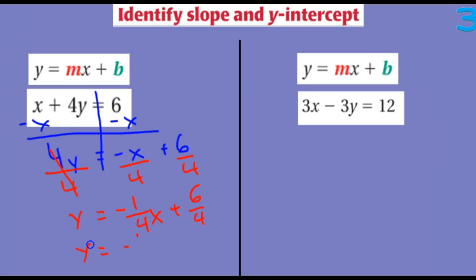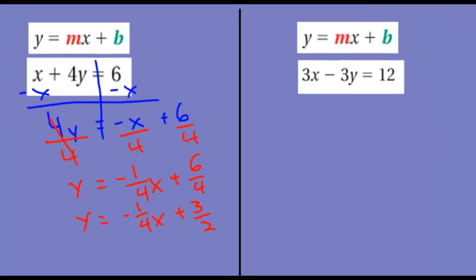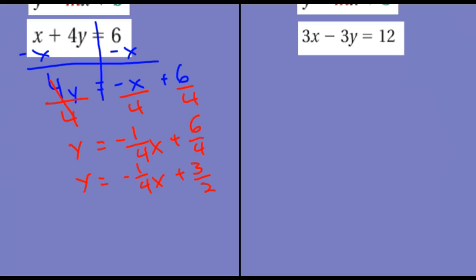And we can simplify 6 over 4. If we divide both by 2, we get 3 over 2. So again, our m comes before the x, so it's negative 1/4. And our b is what's left, which is positive 3 over 2, or 1.5.